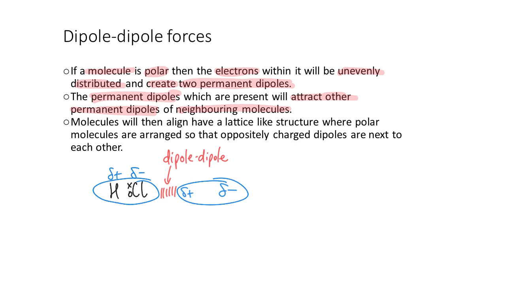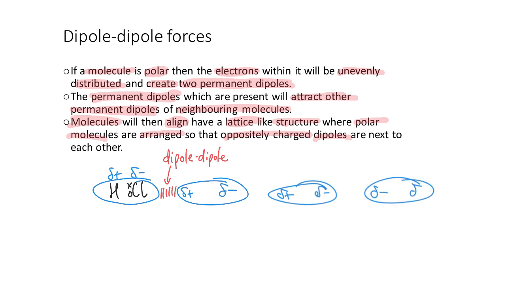Molecules will then align and have a lattice structure where polar molecules are arranged so that oppositely charged dipoles are next to each other. If you have lots of these molecules, they'll all arrange their positive and negative ends in an appropriate fashion.